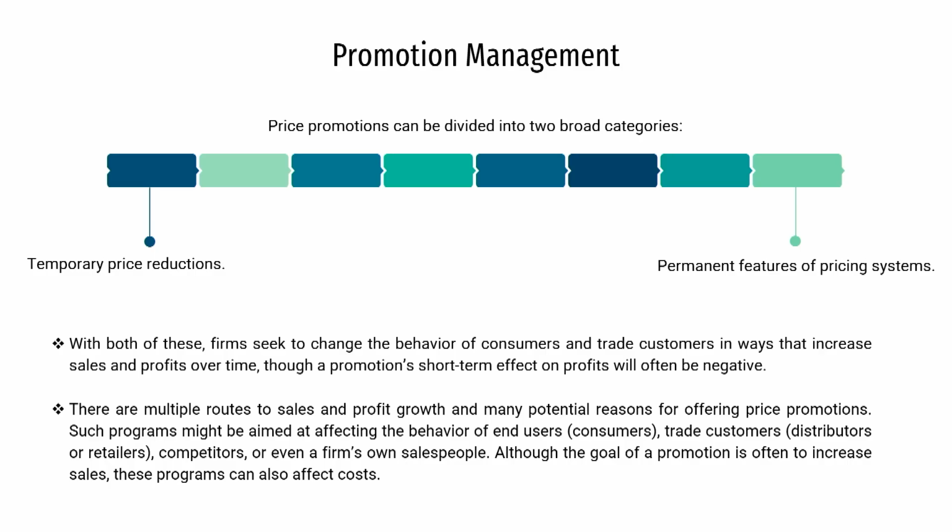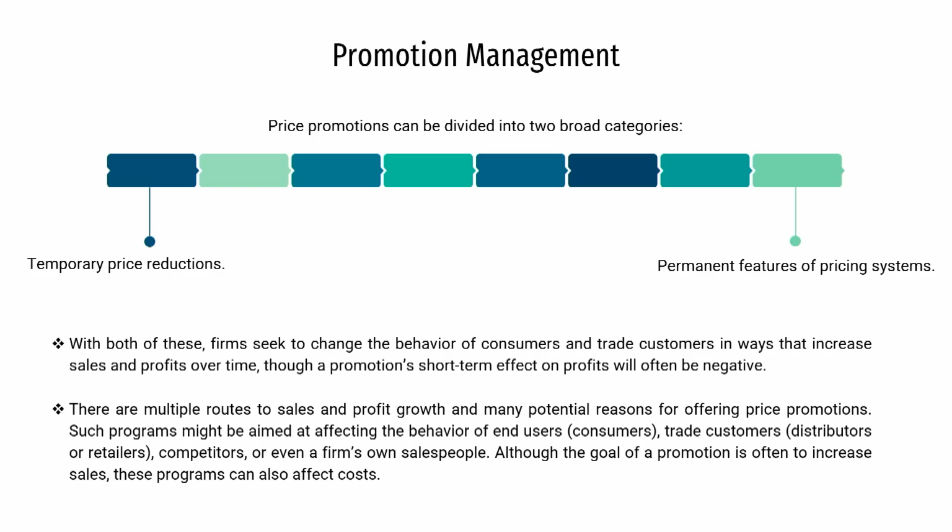Now, let us look at the overall concept of promotion management. What is it all about and what are the avenues that it covers? If I look at promotion management as a whole, then it is a part of management. Management means you want to plan, you want to organize, you want to direct and you want to control.